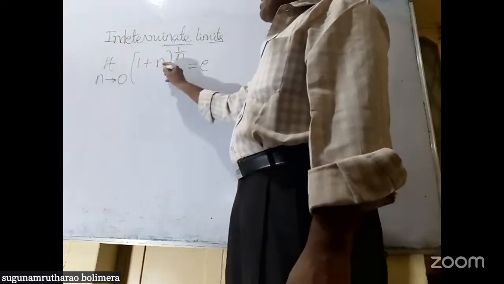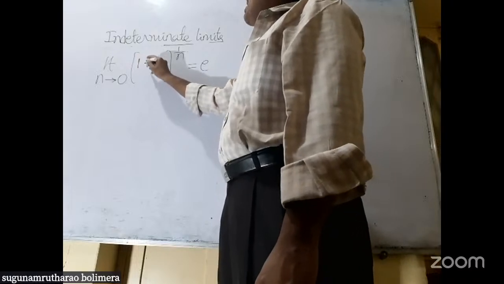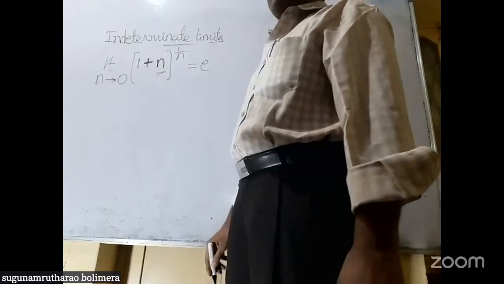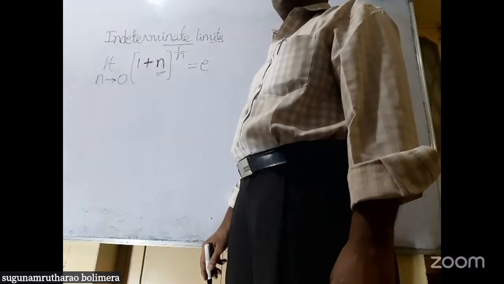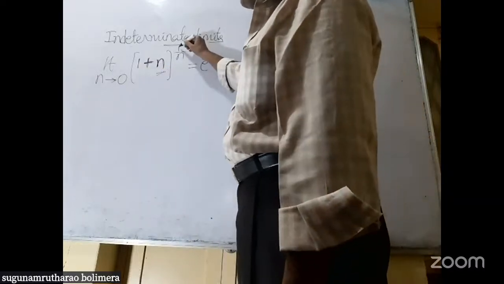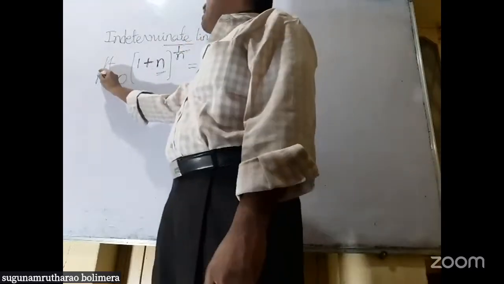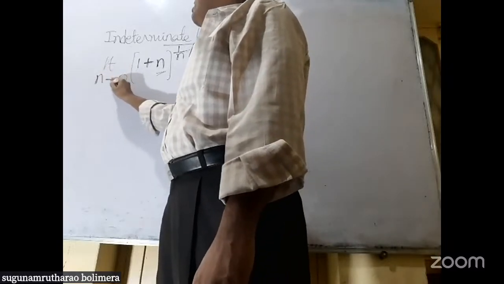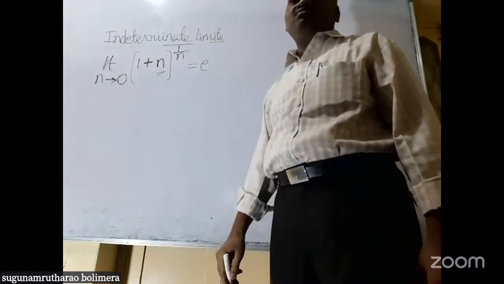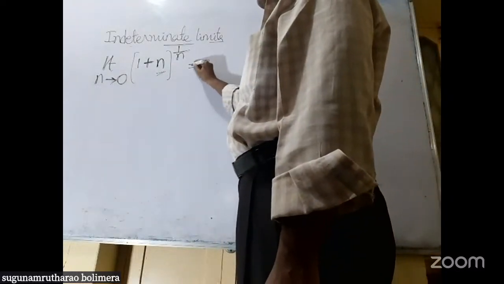Similar, 1 plus n, whatever we are writing here as positive, plus to this should be very small. I'm not saying 0, tends to 0. And this is 1 by n. Here, n is reaching to 0. This must be equal to E.